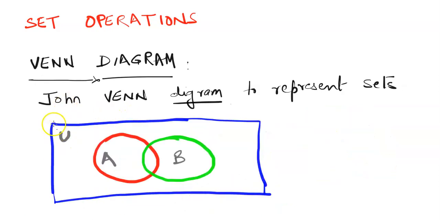There is a universal set U, and there are sets like A, which is another set of objects, and a set B, which is another set of objects, which belong to U. This is how we represent a Venn diagram. We will use Venn diagrams to define a lot of set operations. So let's see.